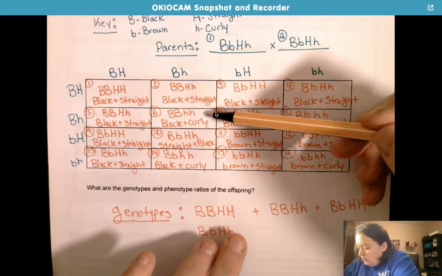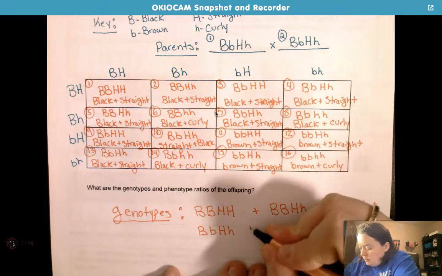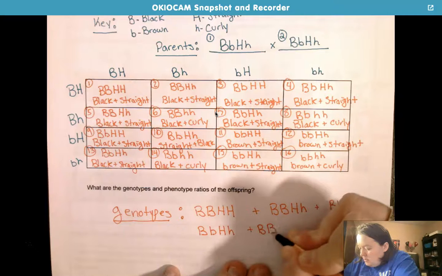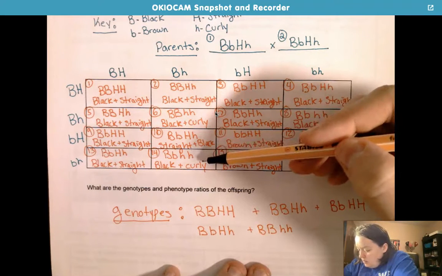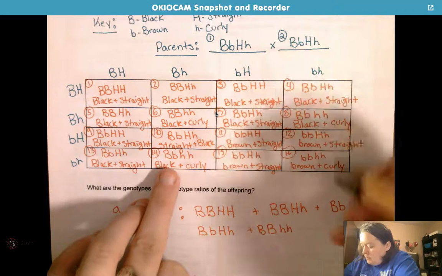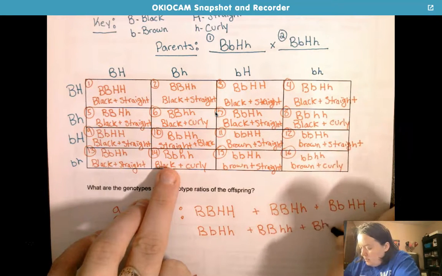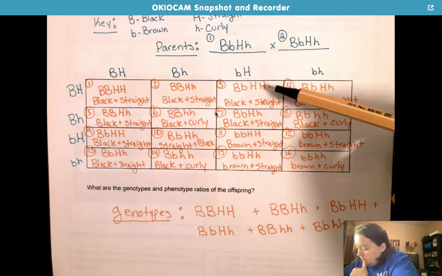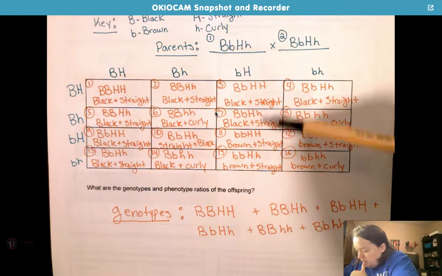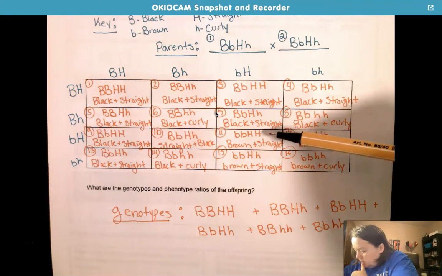So I'm just writing down all the different ones I see. We already have that one. Ooh, we don't have this one. Big B, big B, small h, small h. We already have that one. We don't have that one. Big B, small b, little h, little h. We got that one. Got that one.